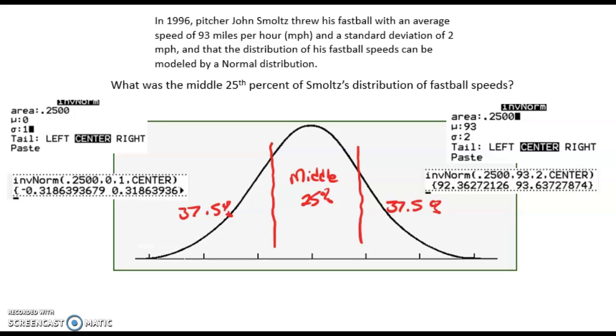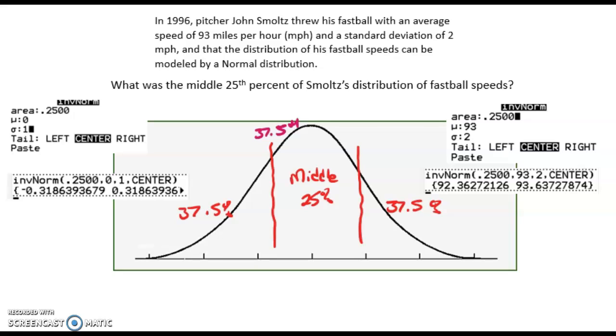If you want to use your technology, well, let me go back. If you're doing this by hand with the tables, you would want to find, of course, your percentiles. This would be the 37.5th percentile coming from the left. Going to this one, make sure you add these two together because I want that total from the left for this percentile.